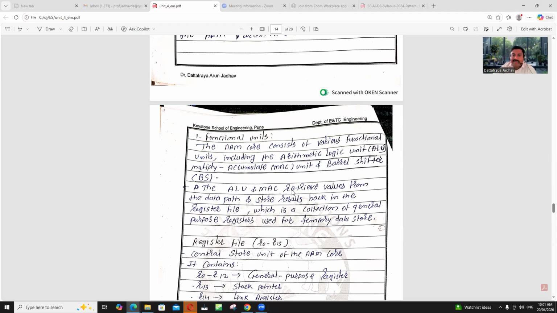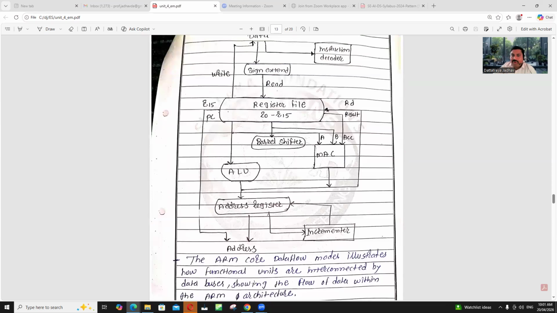We know that division is executed with a shifting operation. The ALU and MAC retrieve values from the data path and store the result back into the register file, which is a collection of general purpose registers used for temporary storage. After the operation completes, the result is stored back to the register to update the value.